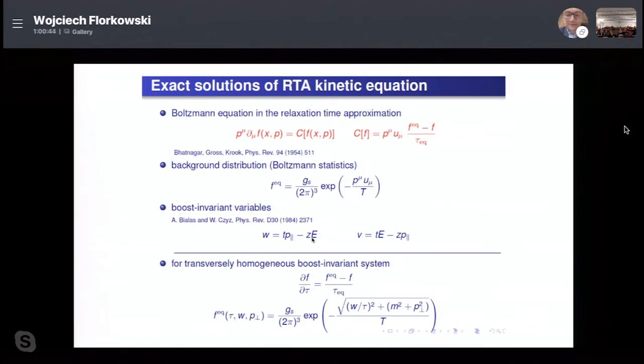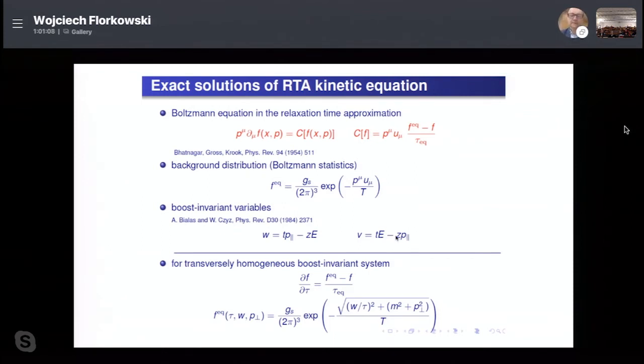So if we set z equal to 0, then we see that w is more or less the longitudinal momentum. I said more or less because it's multiplied by the time. And there is another variable which is useful, but it depends on w: v is like the energy for z equal to 0.